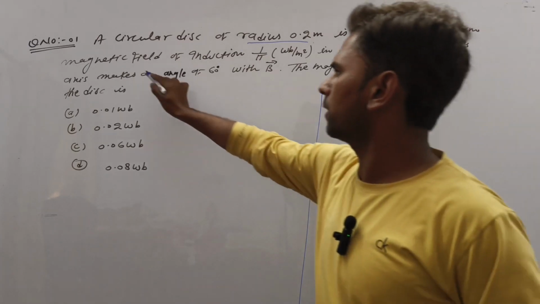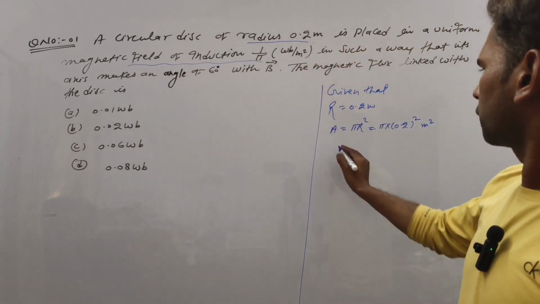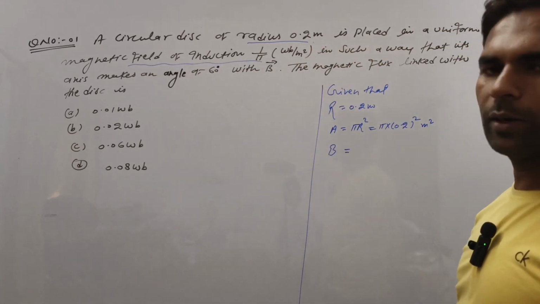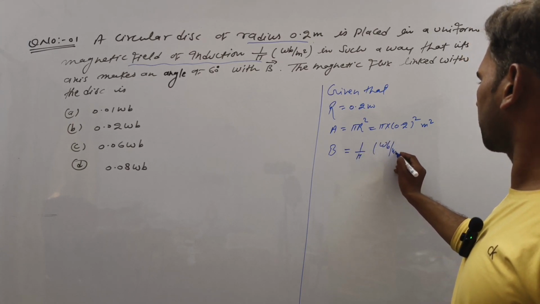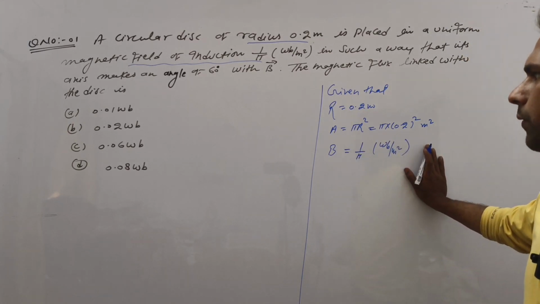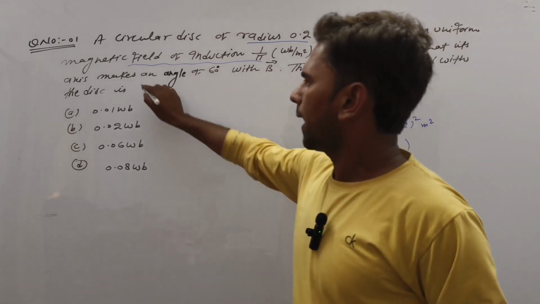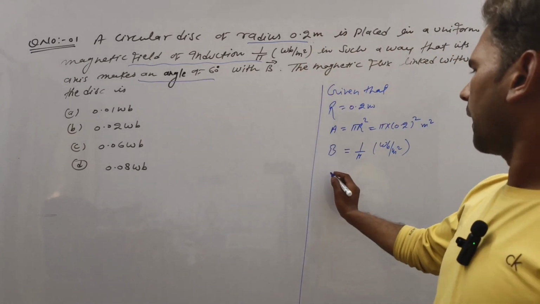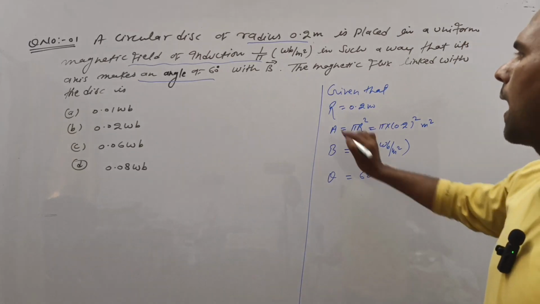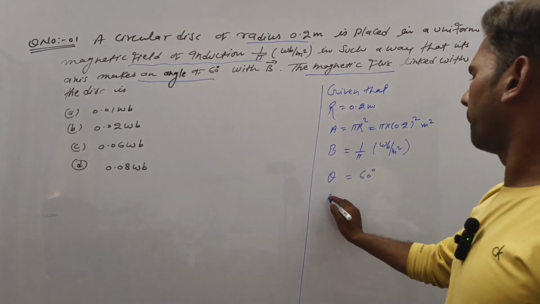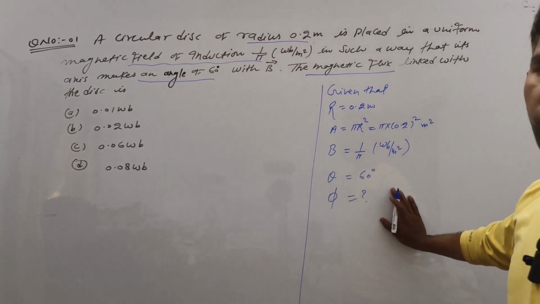Next, the magnetic field, denoted by capital B, is 1/π Weber per meter square. Next, the angle is also given, denoted by theta, 60 degrees. Now, they are asking for the magnetic flux, denoted by phi.